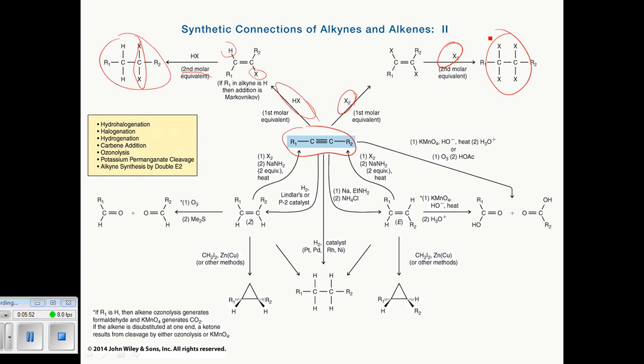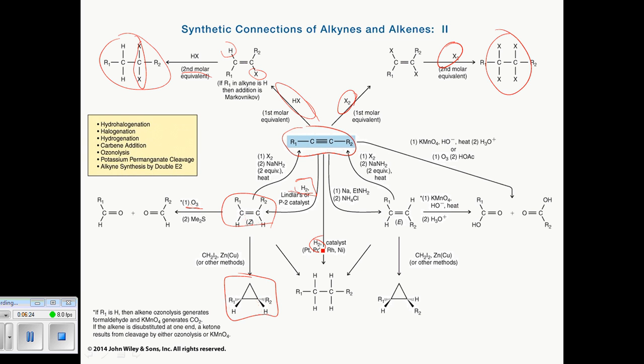Now some interesting things we talked about last chapter. Not hydration, but adding hydrogen, reducing the double bond, and the different ways we can do that. And there's also these ways of converting them to carbonyls using osmium, or excuse me, ozone. We have some unique cases where you can create a three-membered ring.